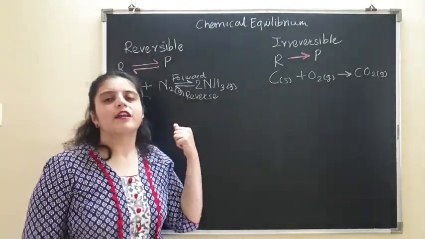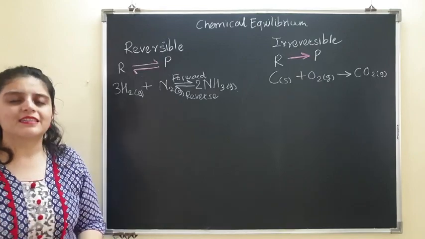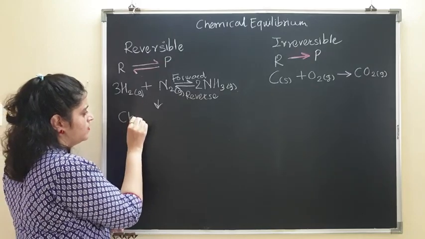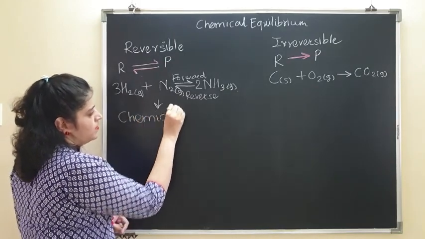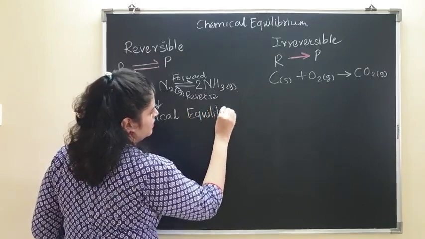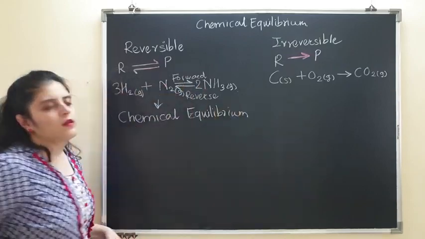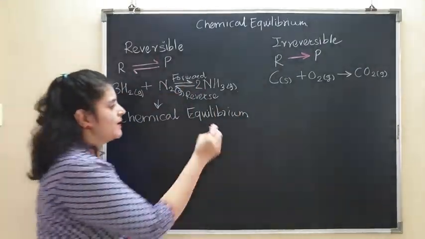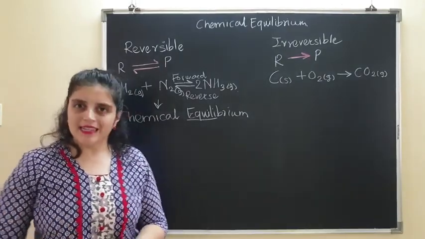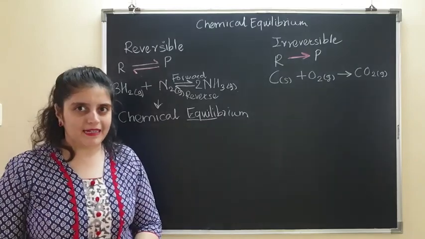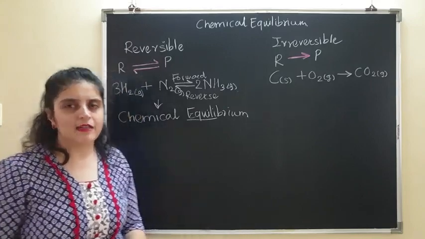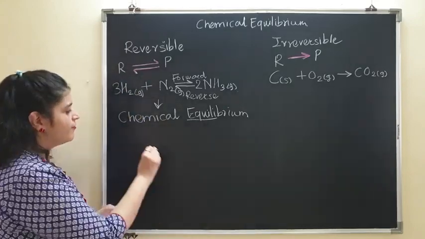So when we have a reversible reaction, we always have chemical equilibrium. What does equilibrium mean? This word equal means something has to be same. So in this case, when the chemical equilibrium is attained, the rate of the forward reaction becomes equal to rate of the reverse reaction. Let us understand this with the help of a graph.